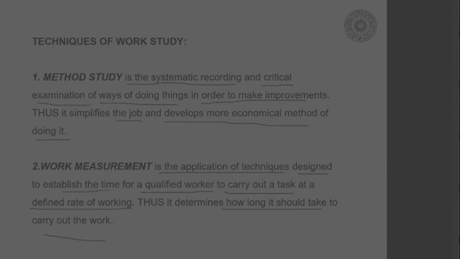Without every word, this definition will be incomplete. At the same time, work measurement is the application of techniques designed to establish the time for a qualified worker to carry out a task at a defined rate, and it will determine how long it should take to carry that out.